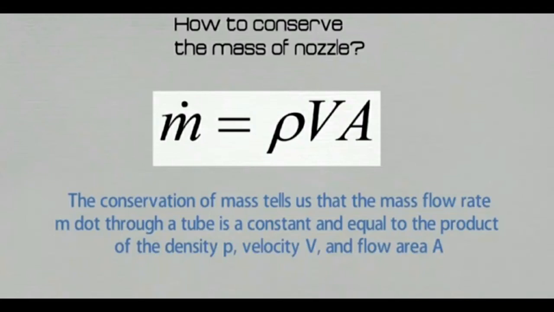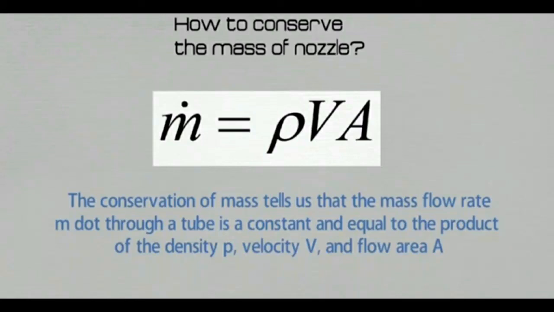Mass flow rate equals density times velocity times flow area. Considering the mass flow rate equation, for a given area and fixed density, the mass flow rate can be changed by simply changing the velocity.